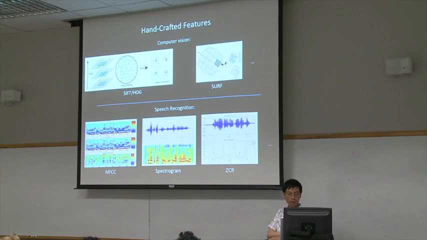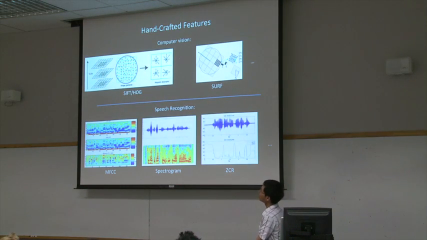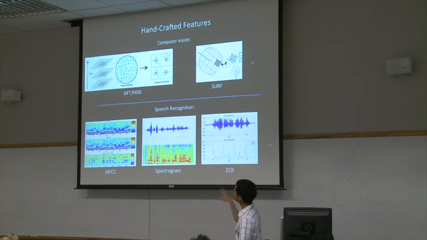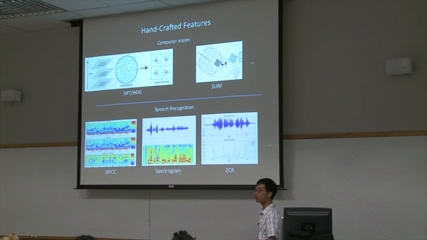So let's see what people use in their feature extraction. It turns out a lot of these methods use something I call handcrafted features, so features that are engineered or built by human experts. For example, in computer vision, you probably know the SIFT or HOG features, or the SURF feature.